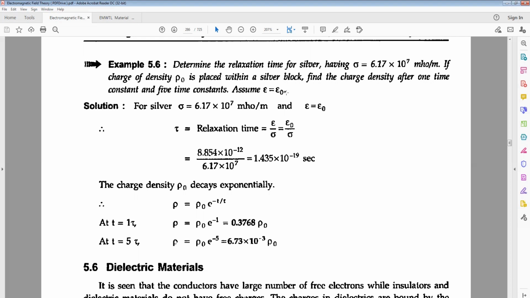Assume epsilon is equal to epsilon naught. They are asking for t equal to 1 time constant and t equal to 5 time constants. Conductivity is given, sigma is 6.17 × 10^7 mhos per meter, and epsilon naught is 8.854 × 10^-12.